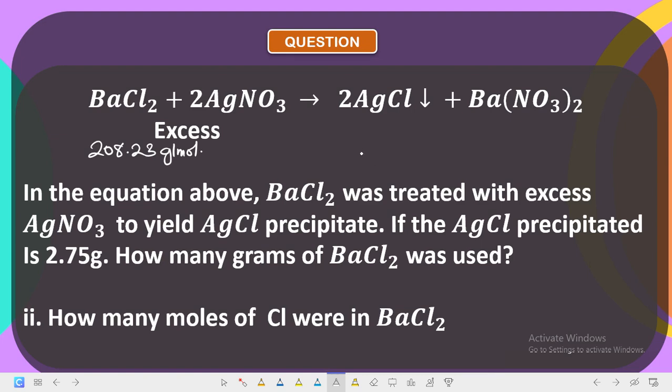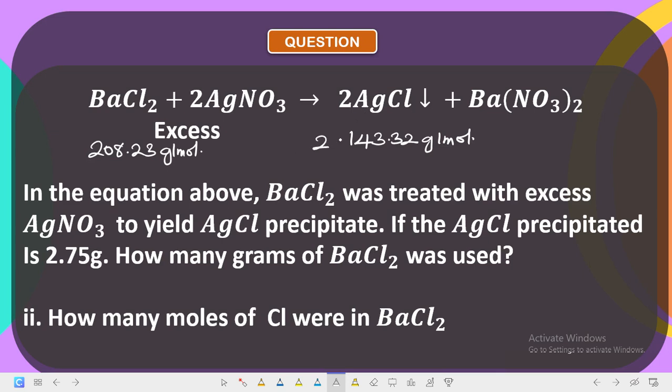Barium sulfate, for that practical exam. Now, this one is 143.32 gram per mole. But you discover that in this question, 2 moles of silver chloride was precipitated.